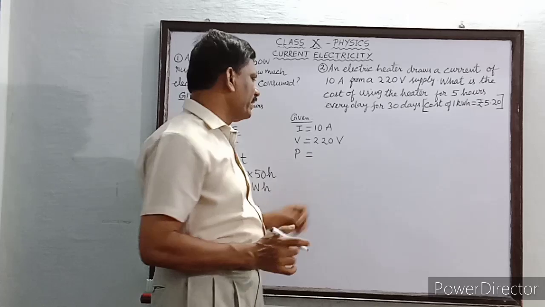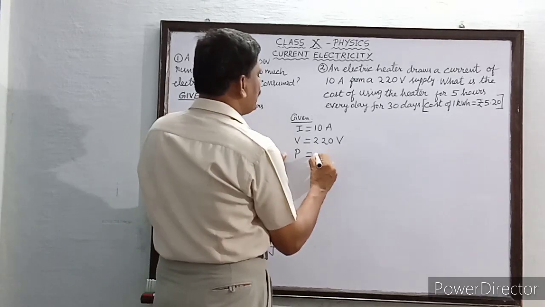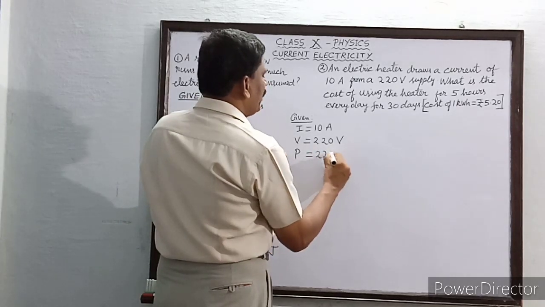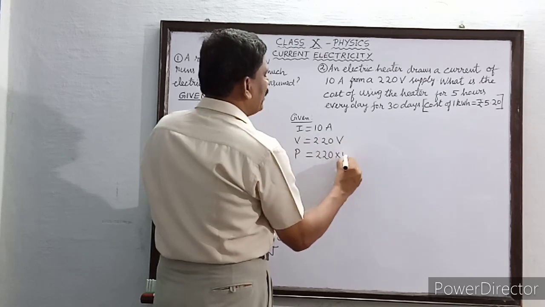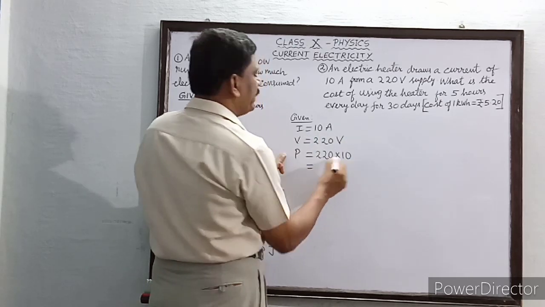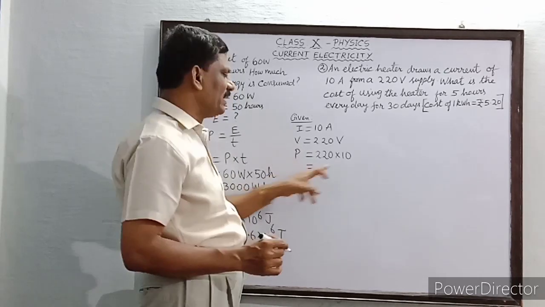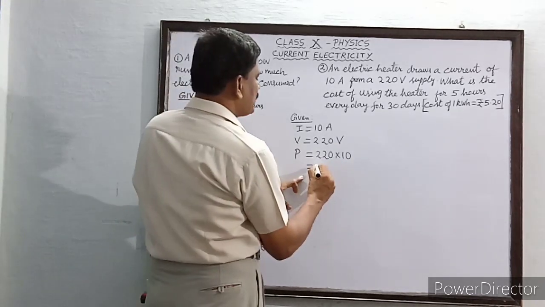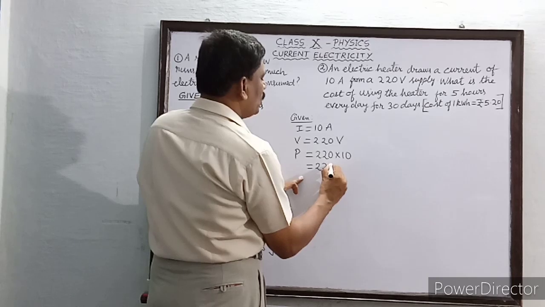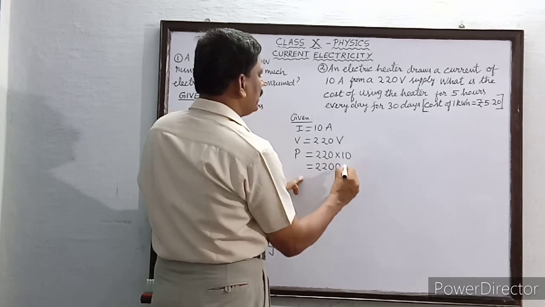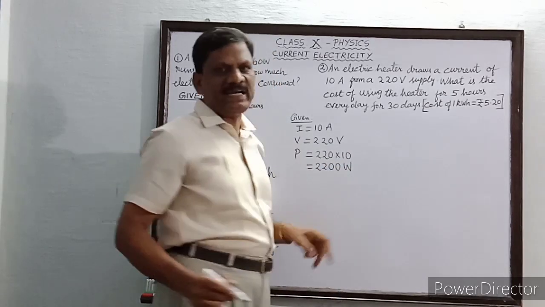So what is the product of this voltage and current? This is 220 multiplied by 10, and this is equal to, it's very simple. For this, we need not use any calculator. Directly, it is multiple of 10 only. So this is 2200 watt.